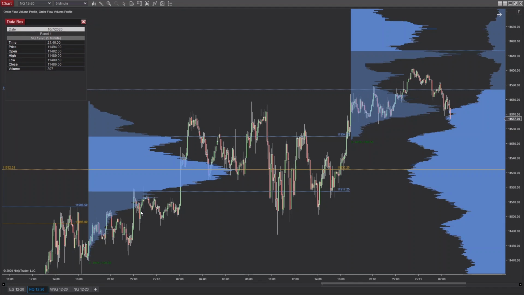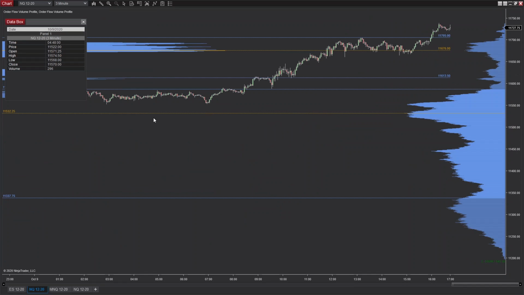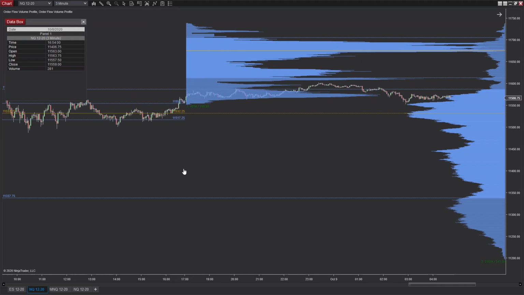So I just want to make sure I'm looking at the right data, because this says October 8th. What time? Okay. So I want to get to the morning session, 9:30. So here's our start time right here, guys. And sure enough, this is a 5-minute chart. So if I move this to 3-minute, maybe it'll look a little better.